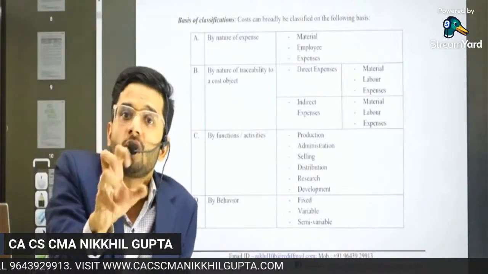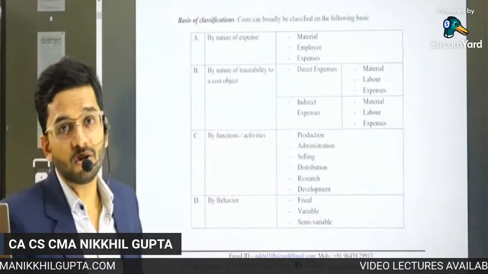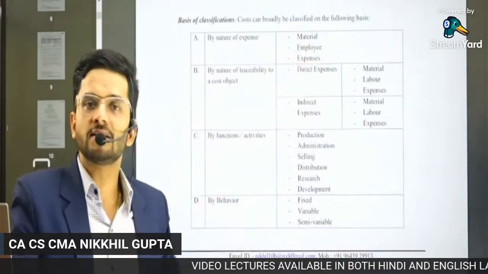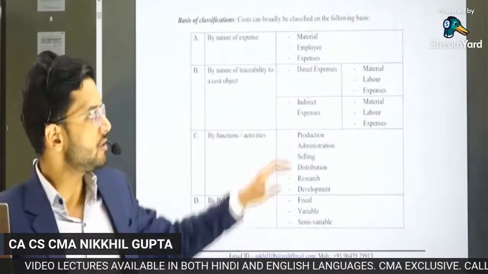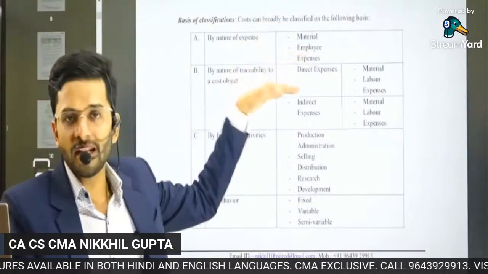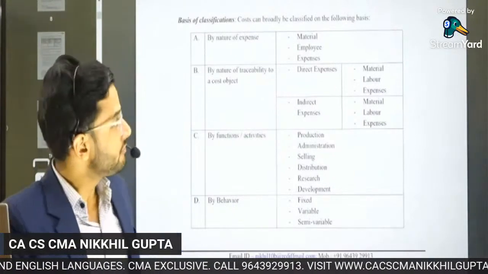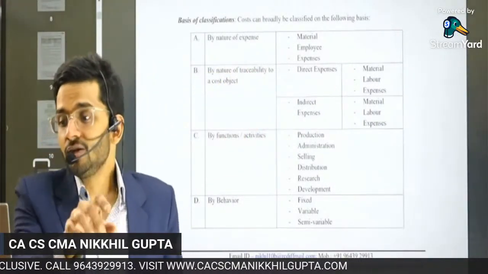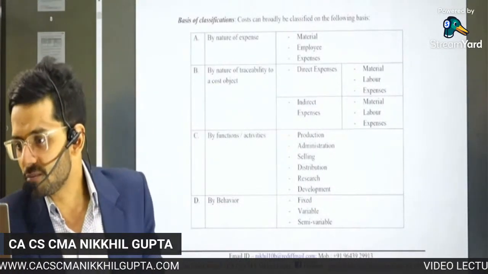We want to club certain costs which are of similar nature, and that's the reason why we are classifying the cost. So we will classify all our costs according to material, employee, and overheads. All the costs which are there, they'll be clubbed according to this nature. So first way to classify the cost is nature of expense. Now you are free to choose any of these ways.